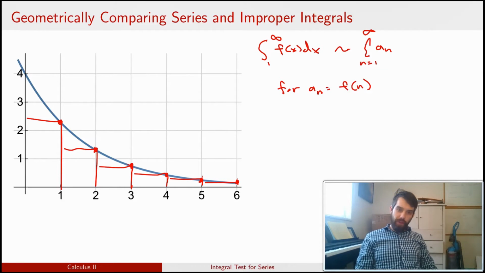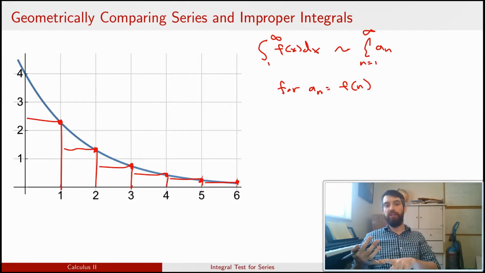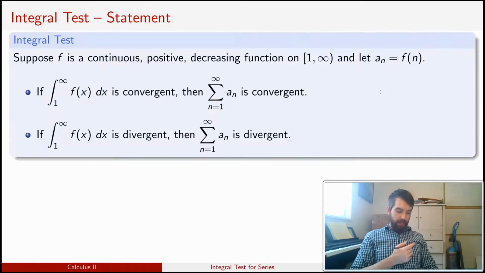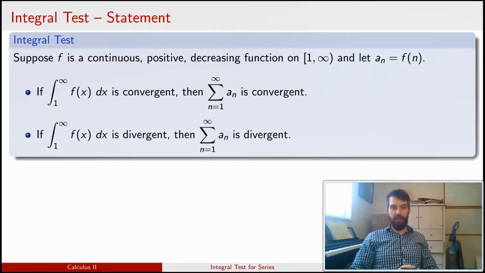Now, we have this nice picture, but I want to be able to formalize it in a theorem because we've studied improper integrals a ton in this course. We've figured out, for instance, how we can determine whether an improper integral is going to converge or diverge. And if it converges, we can figure out what it converges to. Indeed, this is our formal statement here.